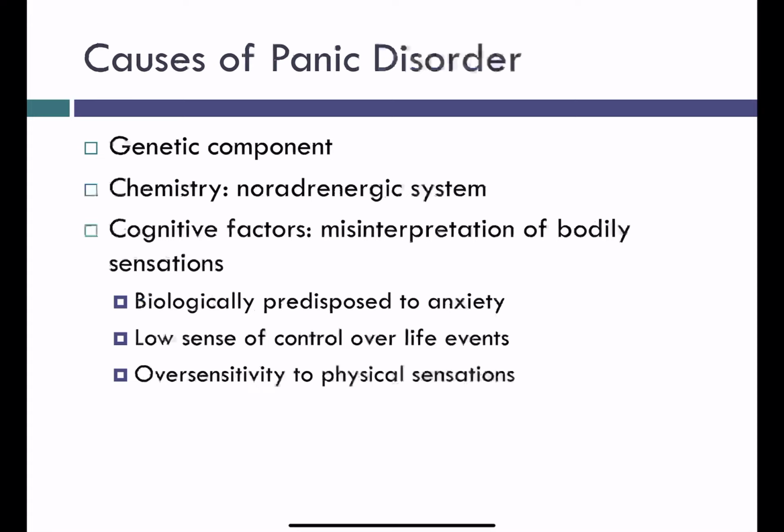But there are also cognitive factors. And so the thought is that maybe it's a combination, and what happens is these individuals misinterpret their bodily sensations. So these might be people who are biologically predisposed to anxiety. They don't feel like they have a lot of control over what's happening in their lives or what their body is doing, and they're oversensitive to physical sensations.